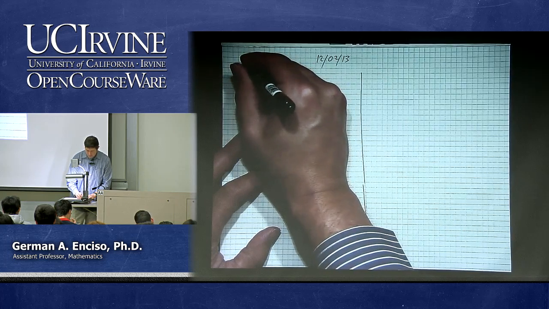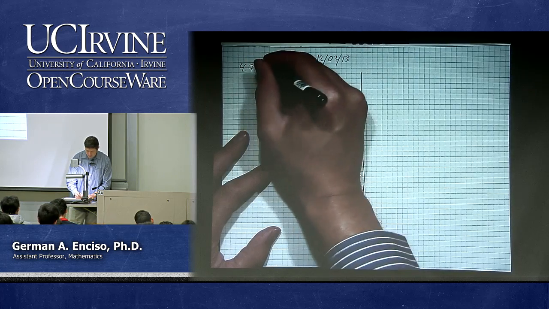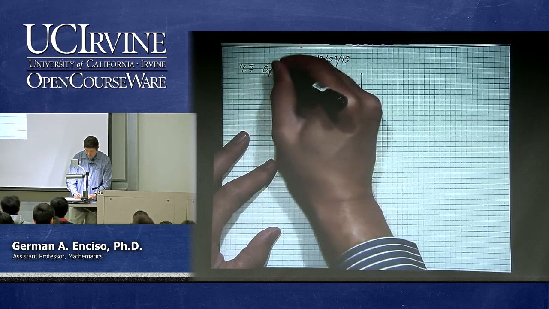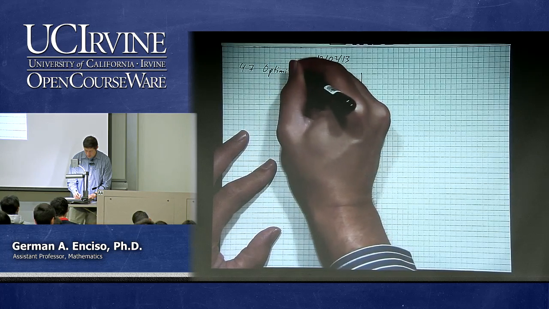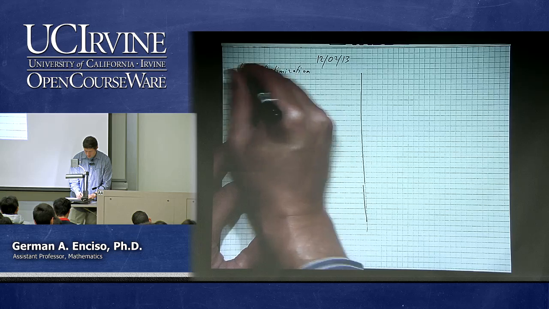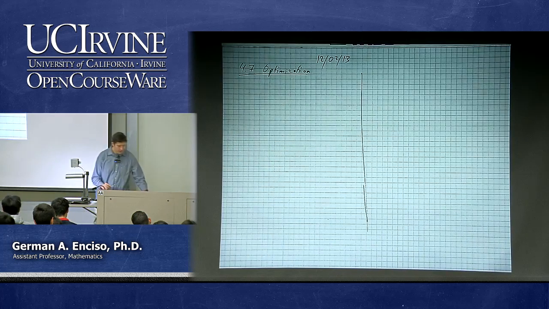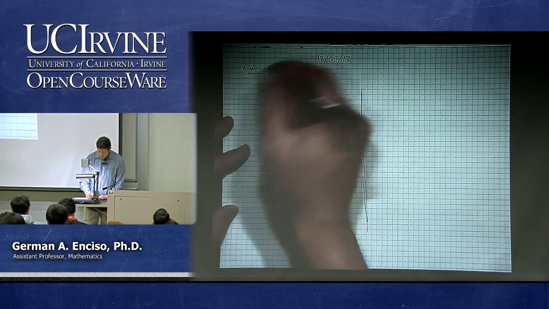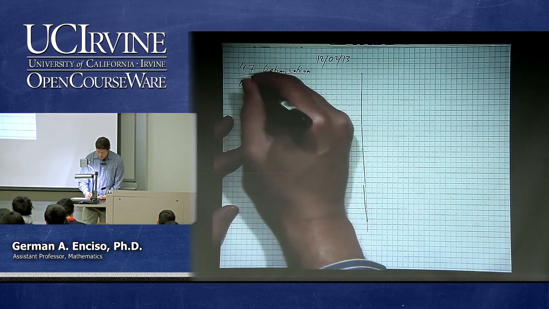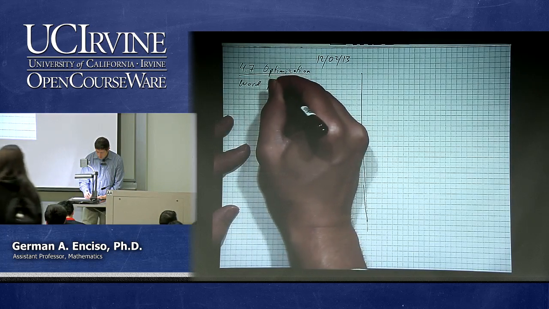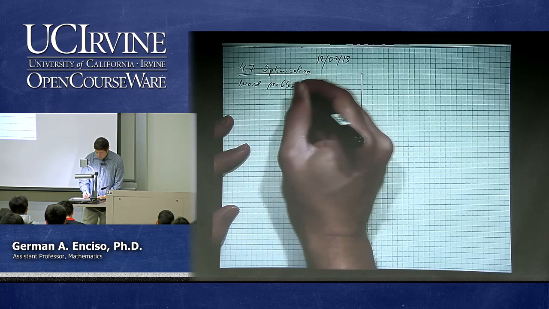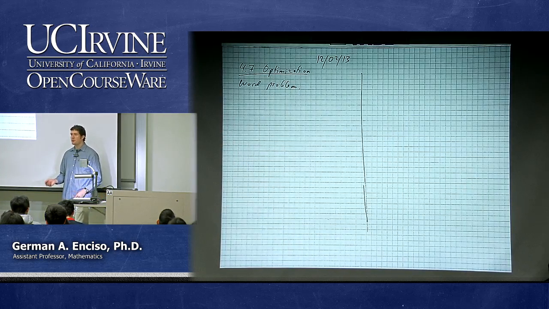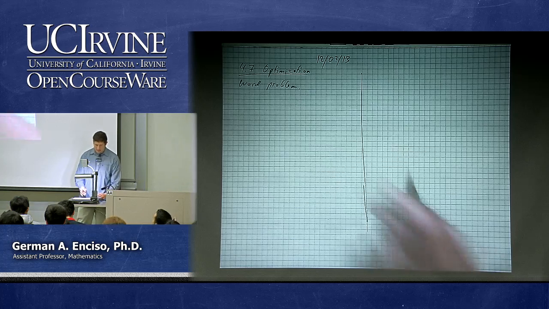This is 4.7, optimization. Okay, as I said, special type of problem. It's actually a word problem. So part of the problem really is to understand what you're being asked.